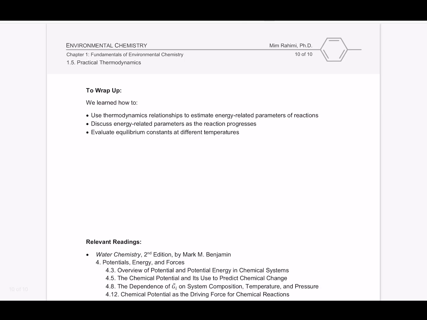So to wrap up the lecture, we talked about three different things. One was using delta G R, an expansion of what we had in the previous lecture, and using it for real world examples.